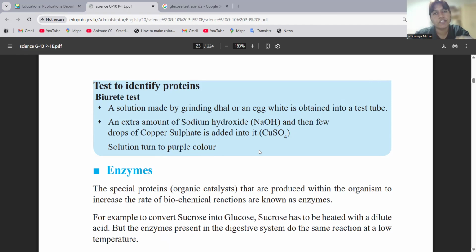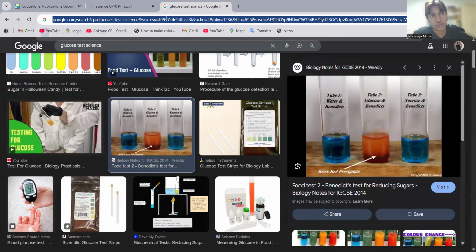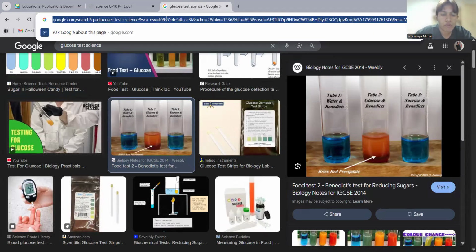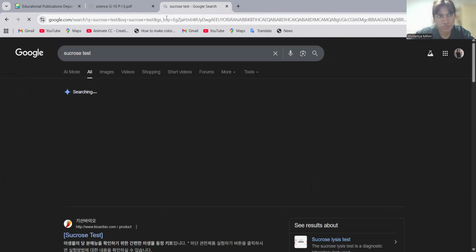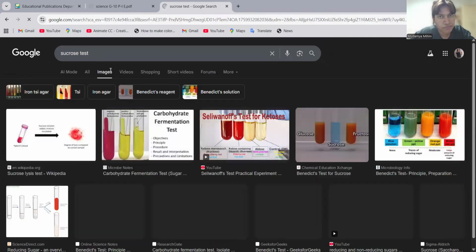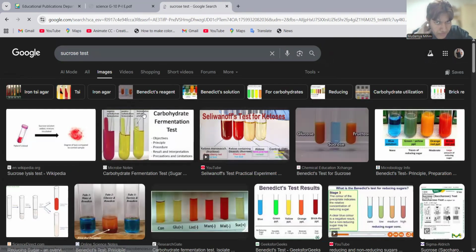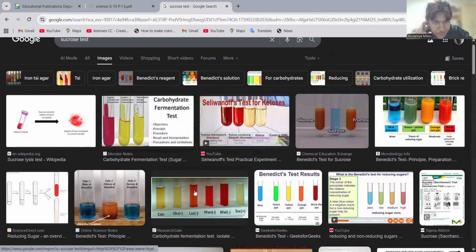And you can see we are going to use sodium hydroxide and copper sulfate. Let's see, oh, I can show you guys the test.